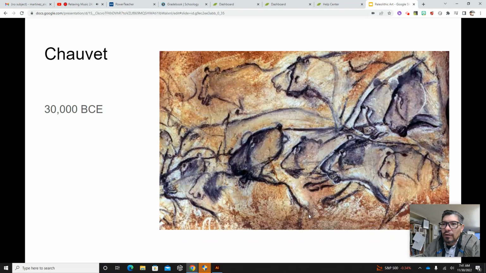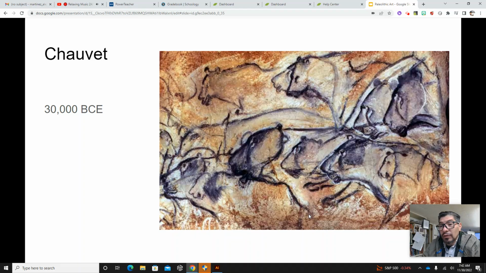And so we do have artwork that's as old as 72,000 years old before the current era. But the more noticeable artworks that we're going to talk about are cave art. That doesn't mean that there wasn't other artwork in prehistory. There were beads, decorative beads.